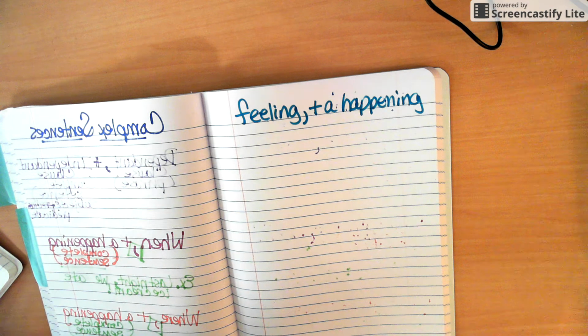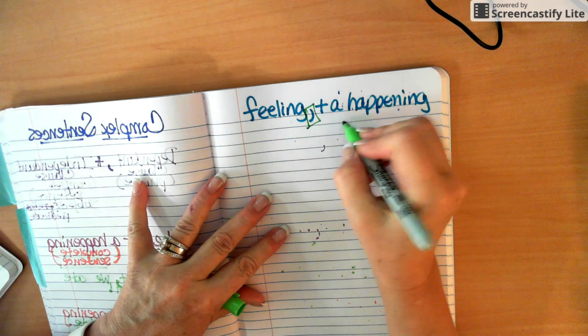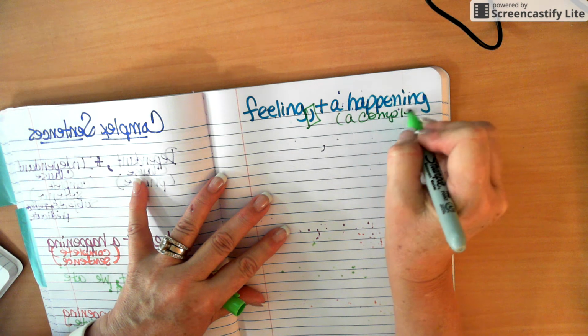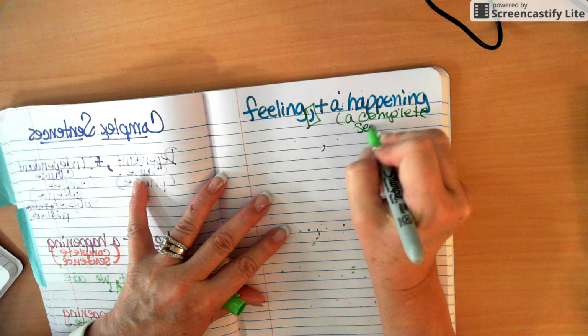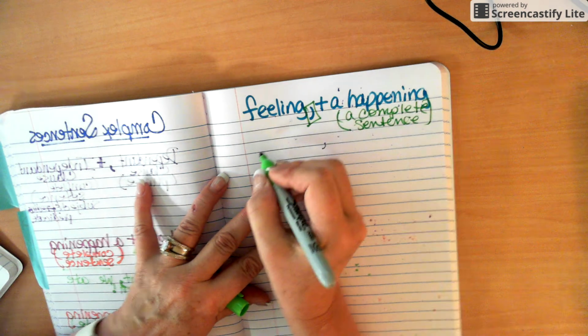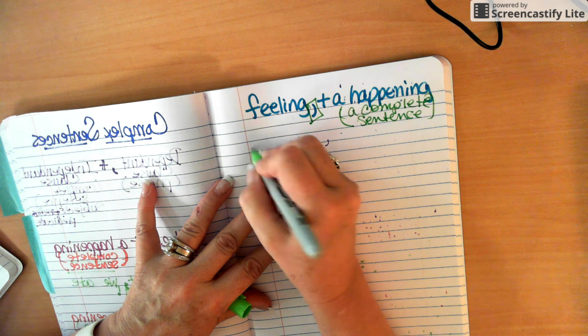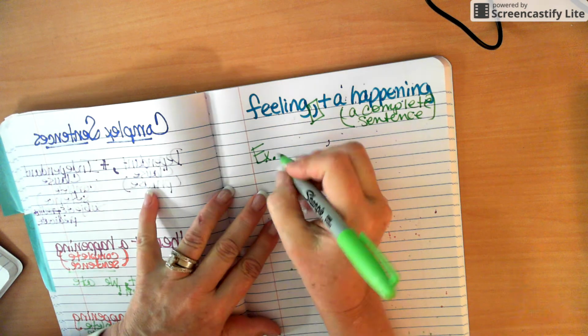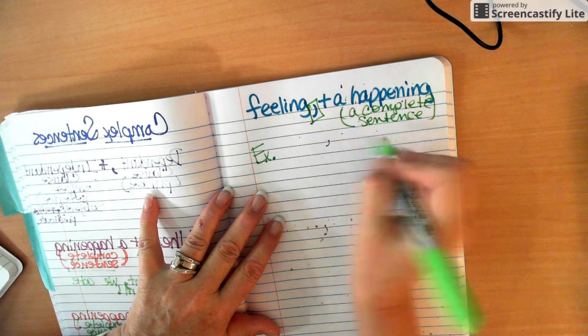And remember, once again, the comma, and this needs to be a complete sentence. Don't forget, you can pause this if you need to. I'm having to go fast because of the time I'm allowed to record. All right, feeling plus a happening.